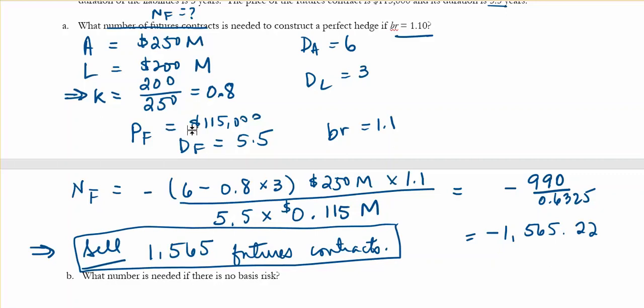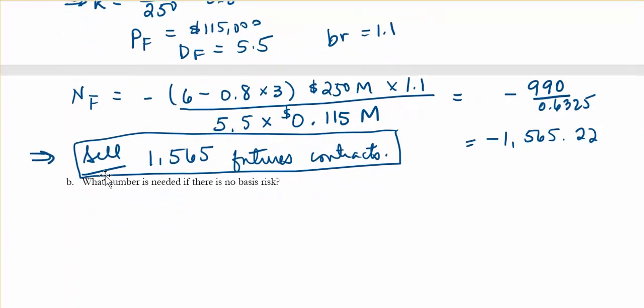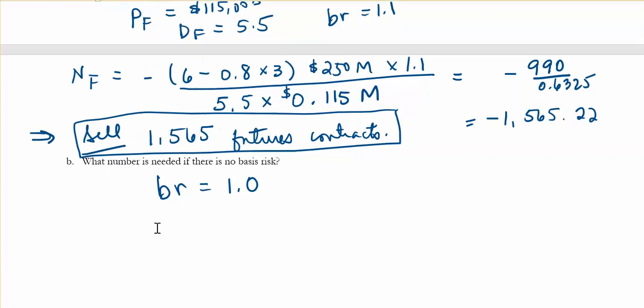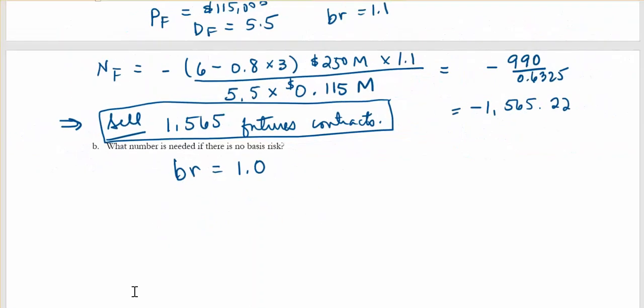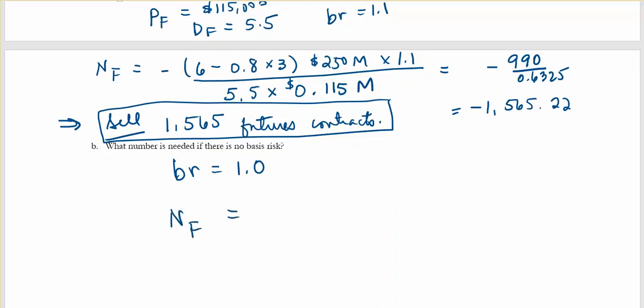Now the second question is, what's the number if there is no basis risk? In other words, there's a one-for-one correspondence between changes in the underlying bonds' interest rate and the bank's balance sheet interest rates. Well, if the basis risk is 1.0, then we just don't have that BR term here anymore.